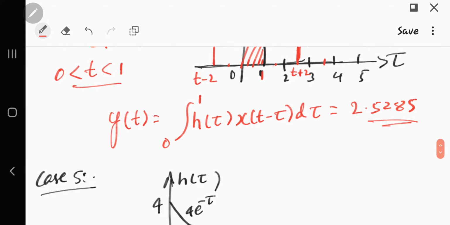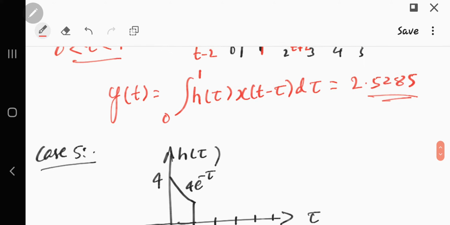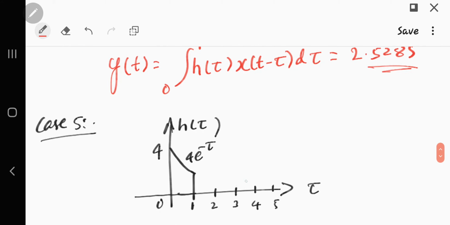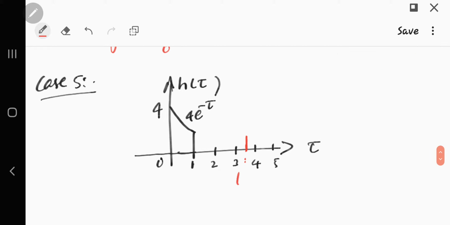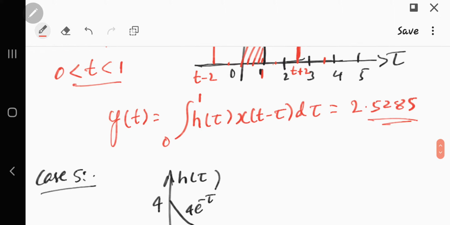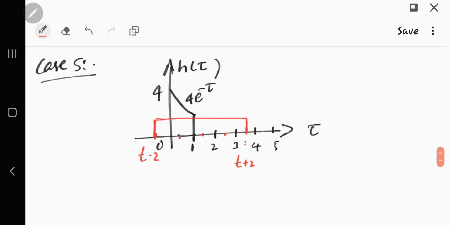Now, so I will be keeping this t plus 2 here. So this is t plus 2. Now this signal is having 4 divisions. So 1, 2, 3, 4. So this will be my t minus 2. Okay. And again the overlapping region is between 0 and 1 here.